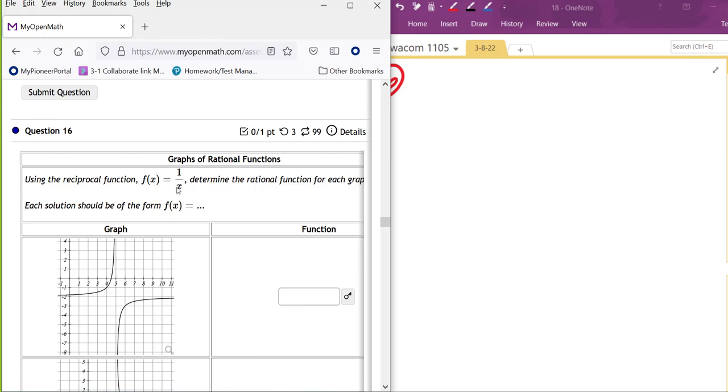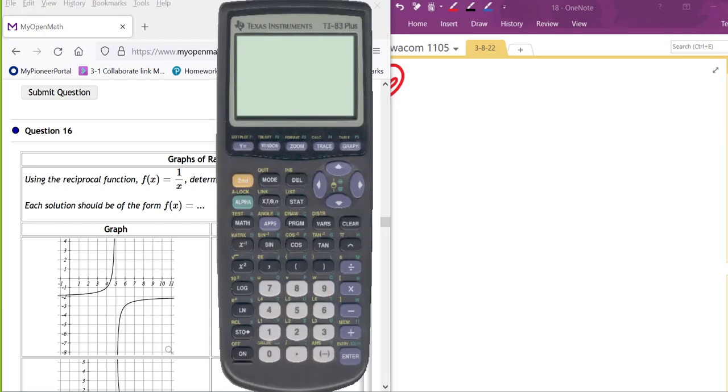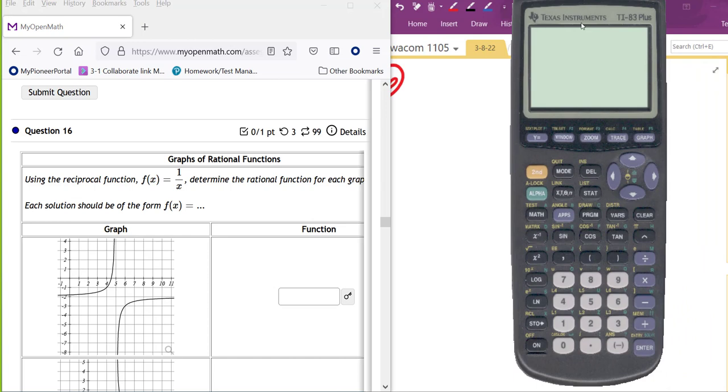Okay, so using our reciprocal function, and that's what you call the standard 1 over x, we're going to do the variations, but this time we have to give the equations of it. So it's kind of the opposite thought process from the last one. The last one, they gave us the equations and we picked the picture. And we'll just put our calculator back up. And that's the 1 over x. So it would look that way with 1 over x.